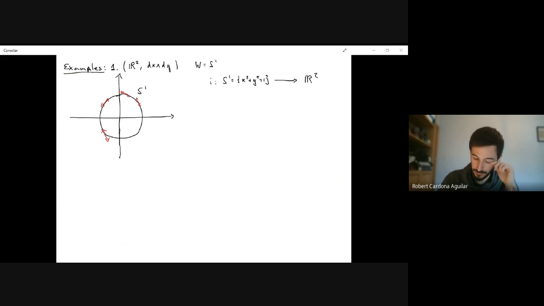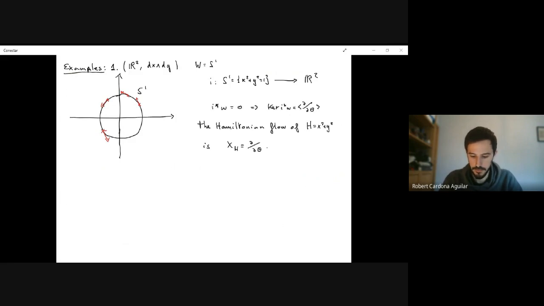So for example, if you are looking at the unit circle embedded in R2 with the standard symplectic form, of course, if you restrict your two-form to a one-dimensional manifold, you get just the zero form, and the kernel is the tangent space to the unit circle.